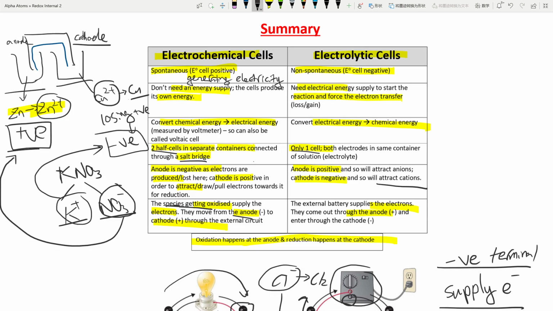If you use it for a while and then it stops working, that means you have used up all the chemicals and produced a lot of products which cannot turn back to the original form spontaneously. That is why you need to take off the batteries, put them in a charger, plug them into the wall, and wait a few days, and that's when the electricity is going to force these products to go back to the original form. That's a recharging process.